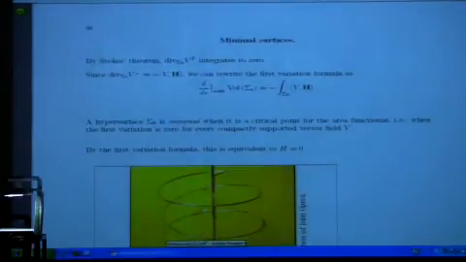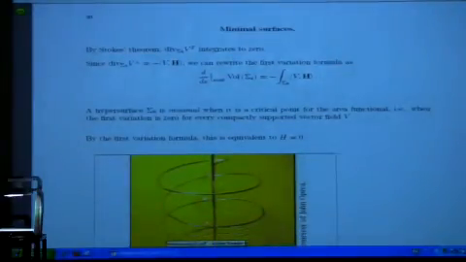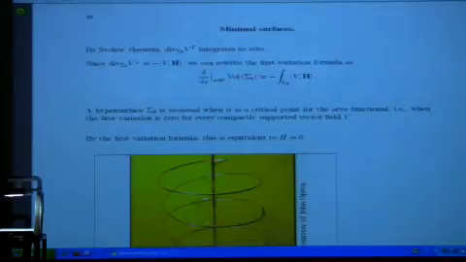Okay, so let's re-examine that first variation formula. So the divergence of the tangential part, by Stokes' theorem, or the divergence theorem, integrates to 0 if V is a compactly supported vector field. So all we see is the divergence of the normal part. Basically, that tangential part of the variation corresponds to reparametrizing the surface, moving it around.